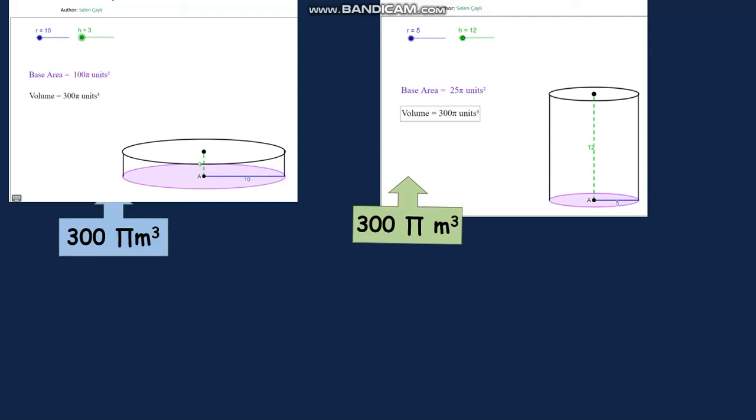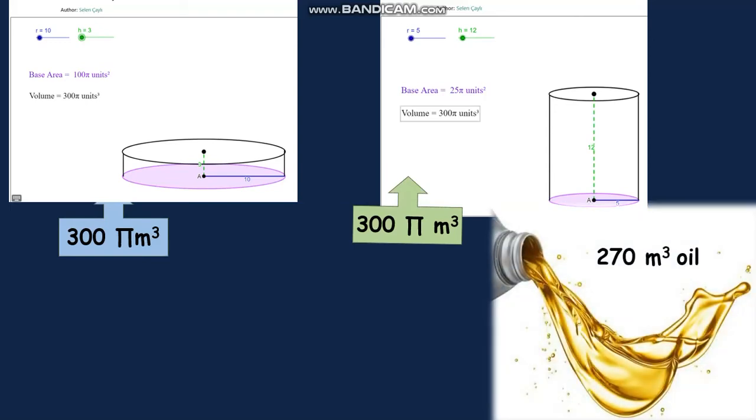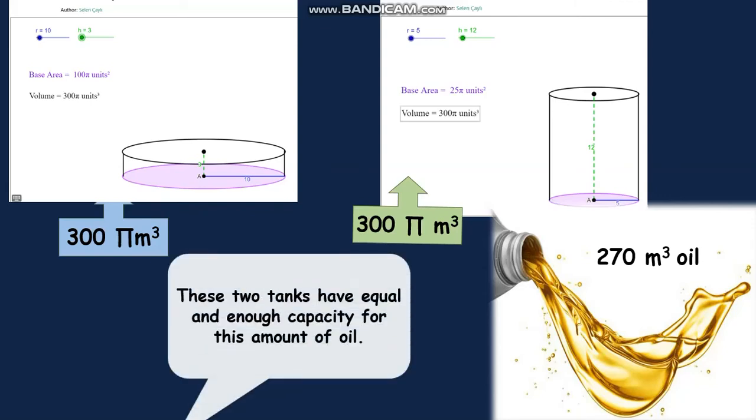The question asked whether these tanks have enough capacity to take the amount of oil, which is 270 cubic meters. As you see, these two tanks have equal and enough capacity for this amount of oil. Let's continue.